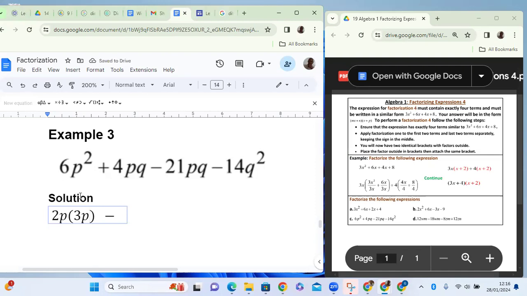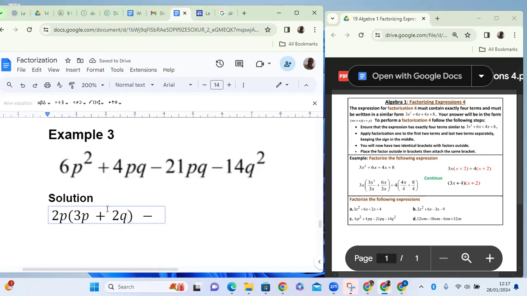So 6p squared divided by 2p is 3p. Plus, we've got a plus right there. We've got to divide 4 by 2. 4 divided by 2 is 2. p divided by p is 1. You don't write the 1. q divided by 1 is q.